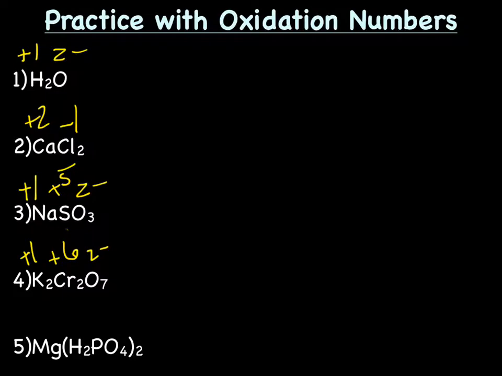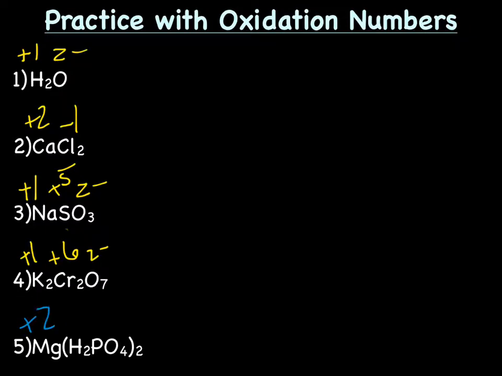So Mg(H2PO4)2 is another ionic compound. It's magnesium dihydrogen phosphate. So we have magnesium, which is a cation, and dihydrogen phosphate, a polyatomic, which is the anion. So we can once again use the charge of magnesium as the oxidation number for magnesium. So it's going to be plus 2.